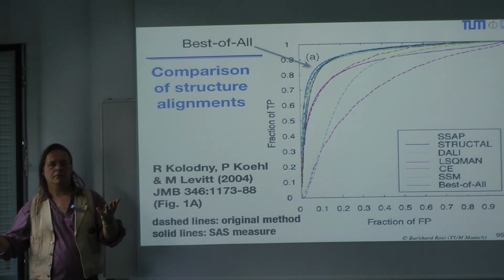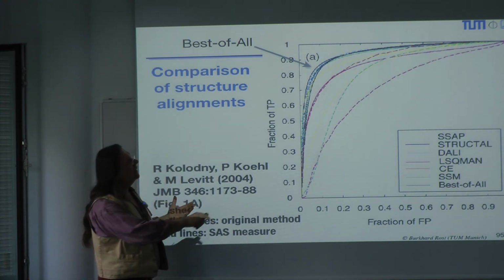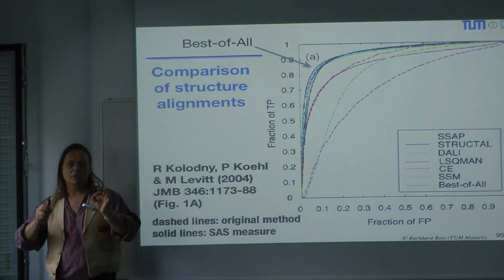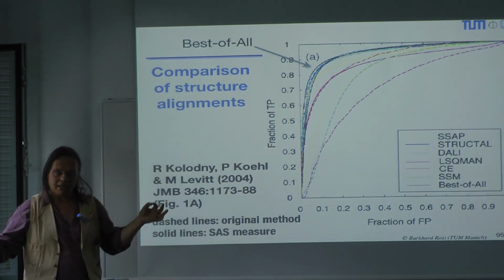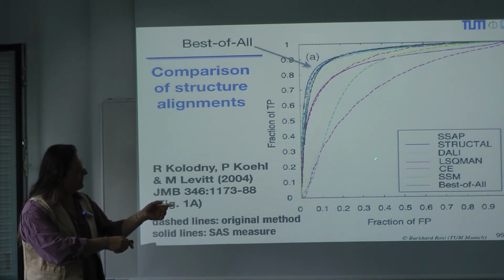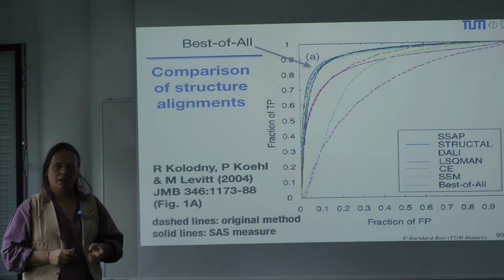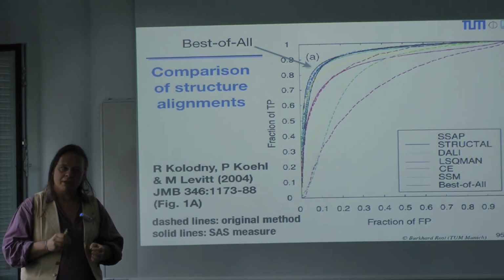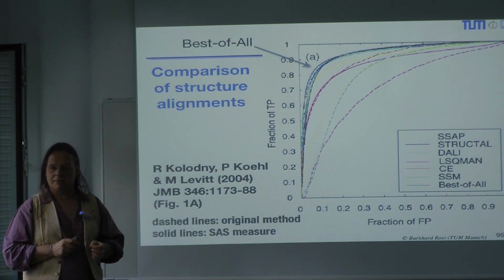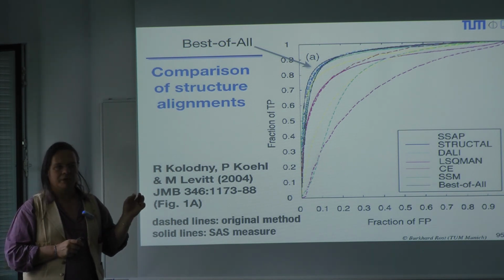You take that, and you do that for all the proteins in the data set, then that's where you would get. So if you had 5 methods at your disposal, and if you could correctly pick the right solution every single time, you would clearly do better than anything else. Trouble is we can't do that.